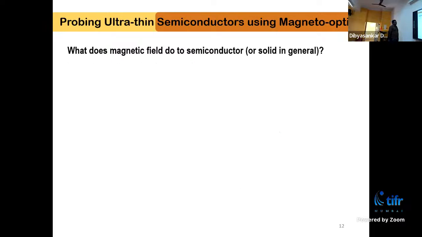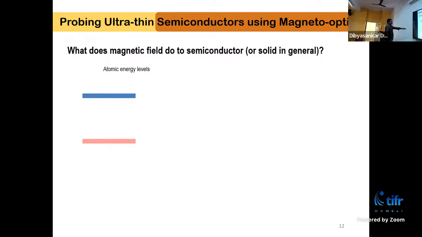Okay. So now we increase our word length, and now we ask what magneto-optics does on a semiconductor. So the fundamental question is, what is the effect of a magnetic field on a semiconductor, or largely on solids? As I showed you, there are energy levels like this. In a semiconductor, that is a band of energy.